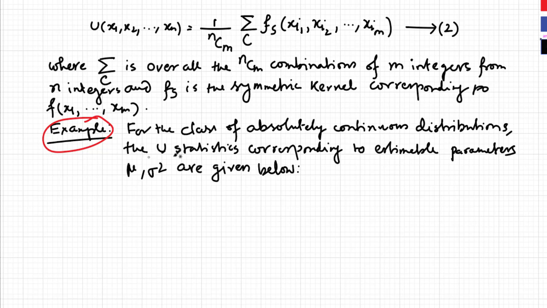We know expectation x is equal to mu. Then the corresponding U statistic for the sample size small n is 1 by small n, sum i from 1 to small n, small xi, this is equal to small x bar.